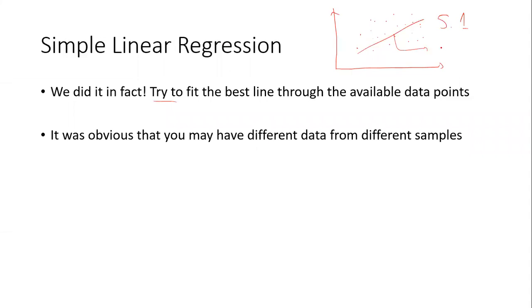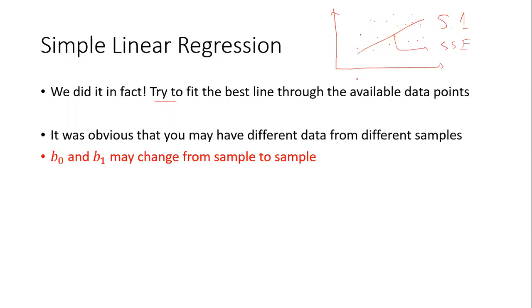We found this line using SSE, remember, to minimize the errors, the sum of squared errors. In fact, when we were doing this, we were trying to find an estimate of the population regression line, okay?